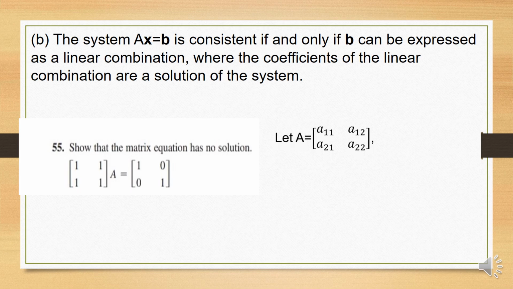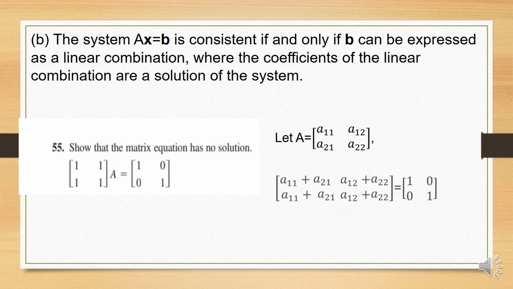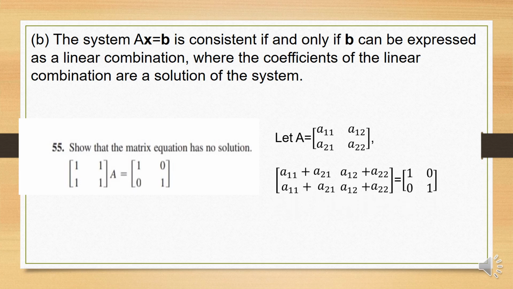So let A be a 2 by 2 matrix, where column 1 is a sub 11 and a sub 12, and column 2 is a sub 21 and a sub 22. Then the given matrix equation expands to: the first column, a sub 11 plus a sub 21 is 1, and a sub 12 plus a sub 22 is 0.